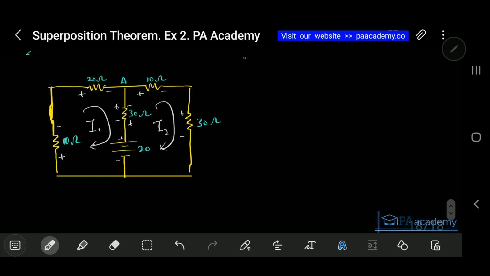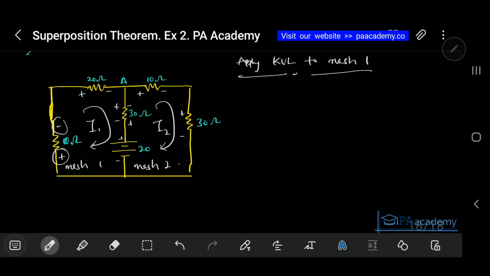Let's just put it here: apply KVL to mesh 1 or loop 1. So let me call this my mesh 1 and let me call this my mesh 2. Okay, so let's start from here. From positive to negative, that will be minus 10 I1.